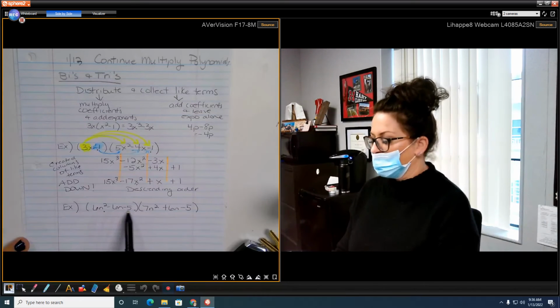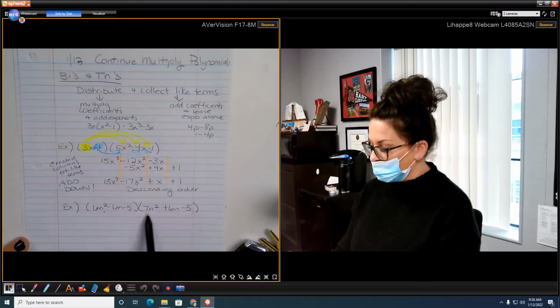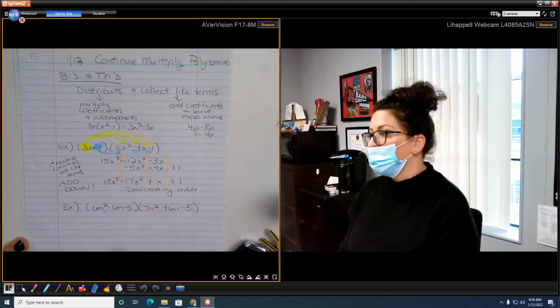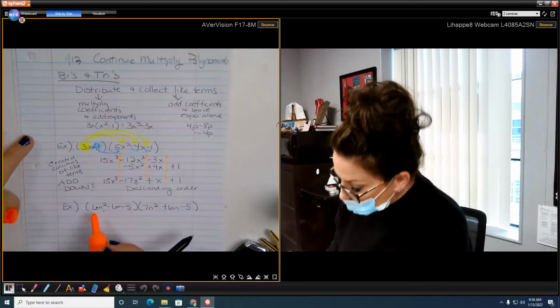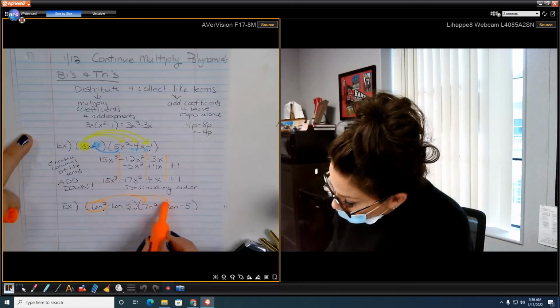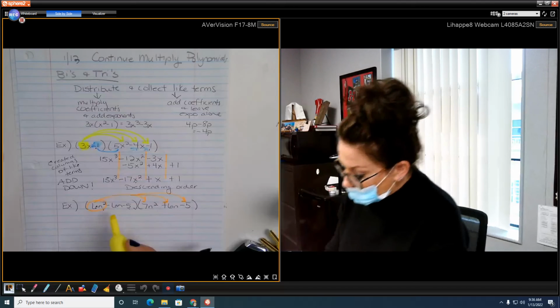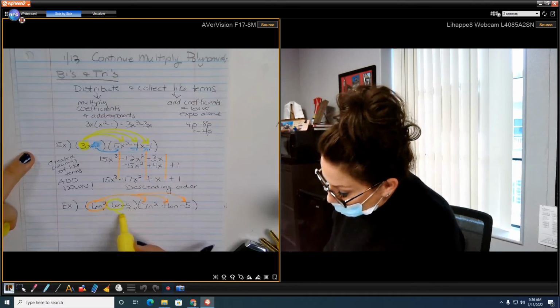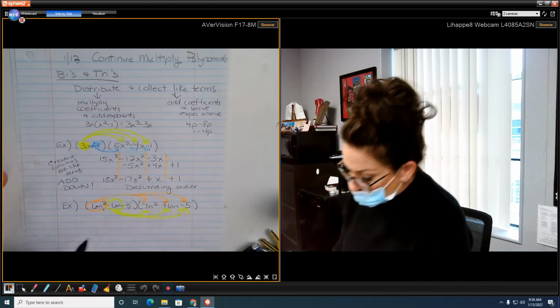What are we multiplying here? This is a trinomial, and this is a trinomial, that means you're going to triple distribute. That means that when you do this, you're going to take the 6n squared and you're going to times it to each term. Then you're going to take the negative 6n and you're going to distribute it to each term.